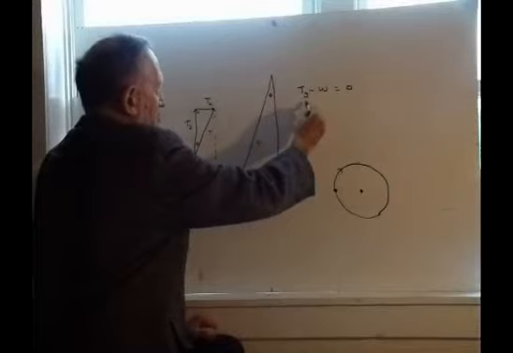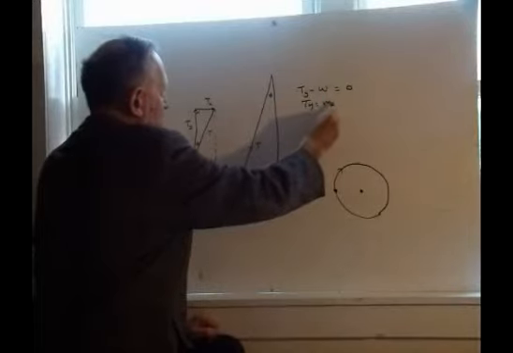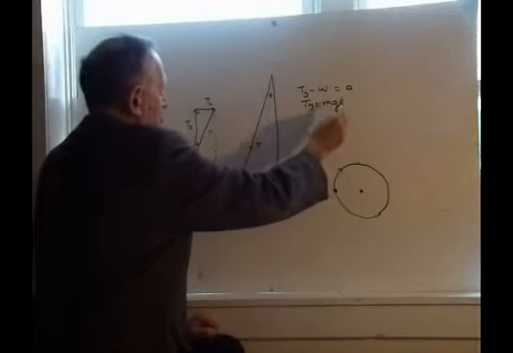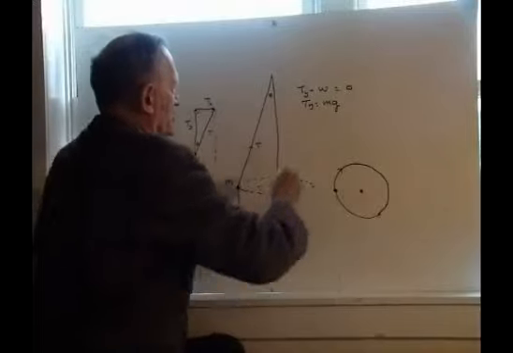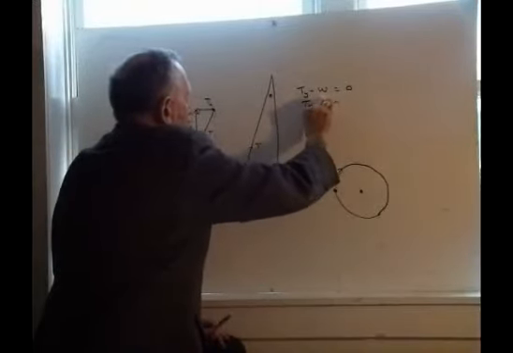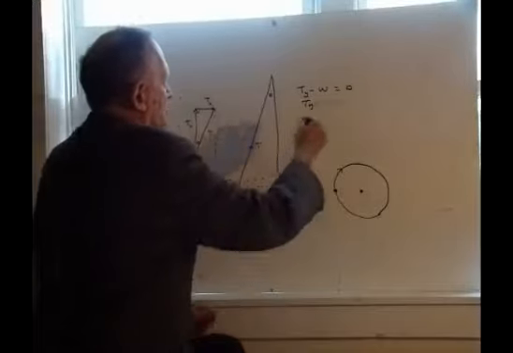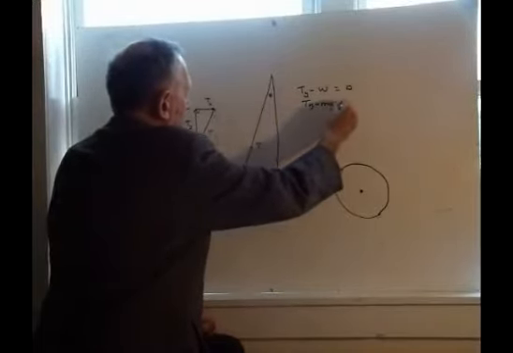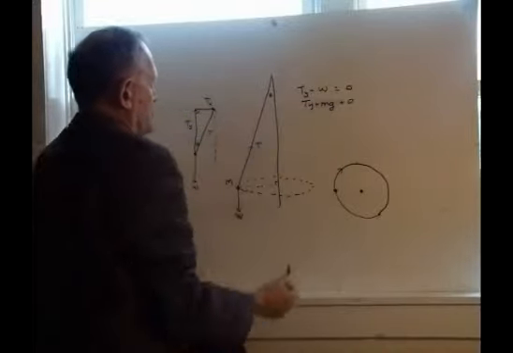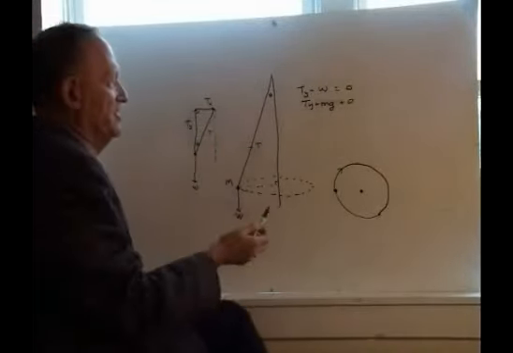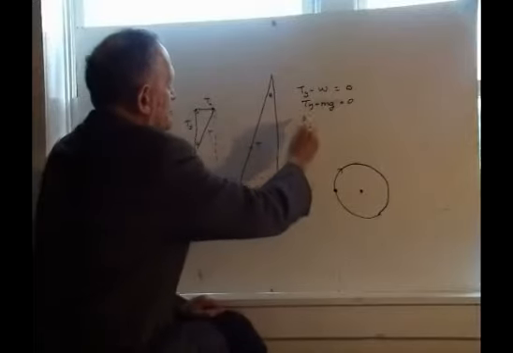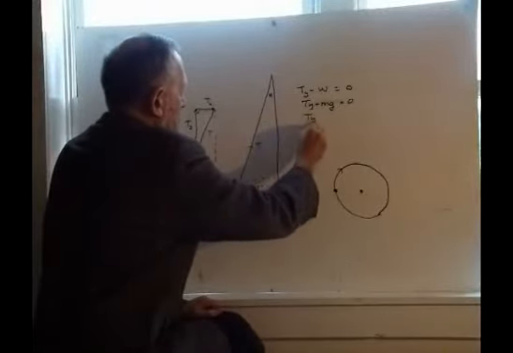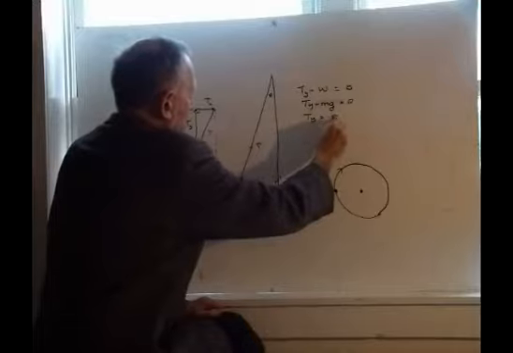So therefore, we say T sub y is equal to the mass of our little body times the gravitational, oops, I jumped ahead a little bit. It's T sub y minus mg is equal to 0. The mass times the gravitational acceleration equal to the weight. And so I rewrite that finally as T sub y is equal to mg.